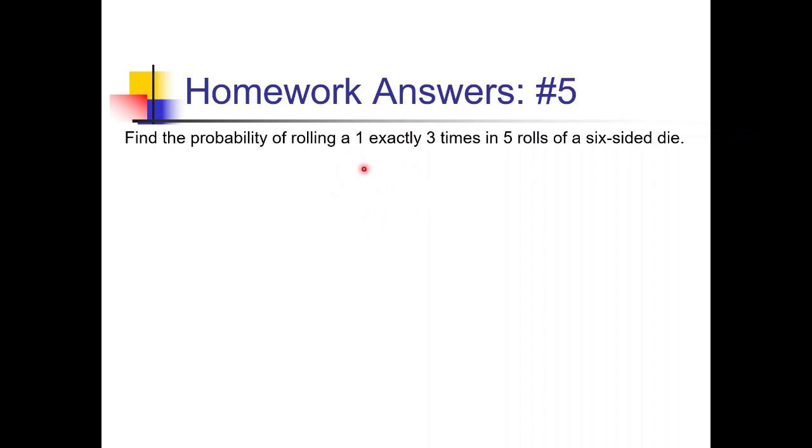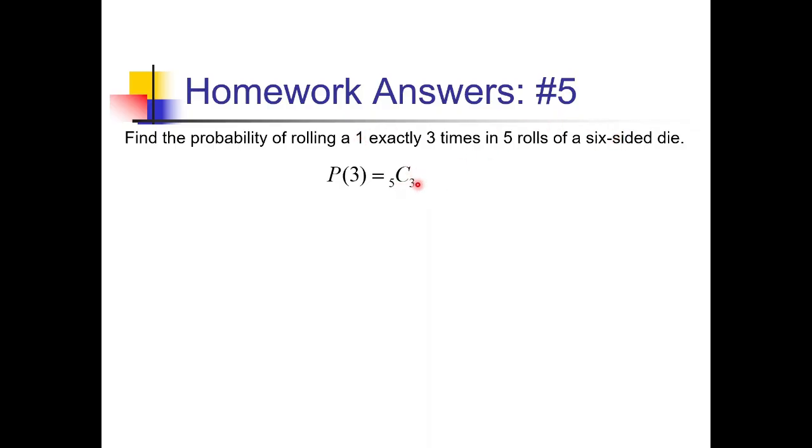So that's going to be n choose k times success to the k and failure to the n minus k. So plugging things in specifically, we've got 5 choose 3. We want 3 successes. And probability of success in this case is, we just want this 1 here, so that's 1 out of 6 for that possibility.